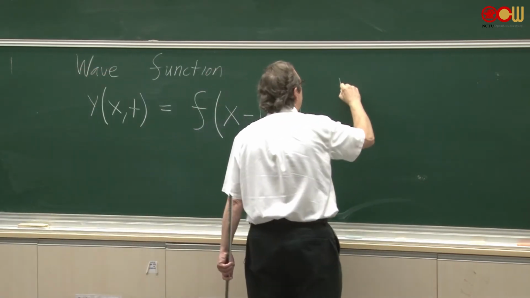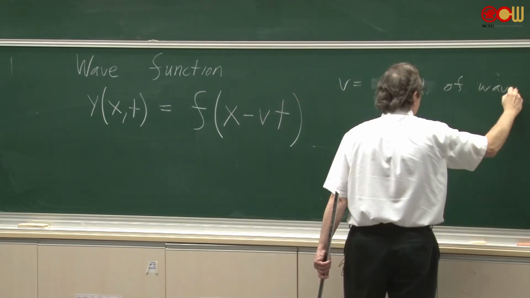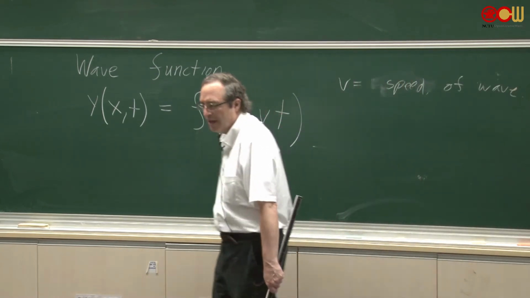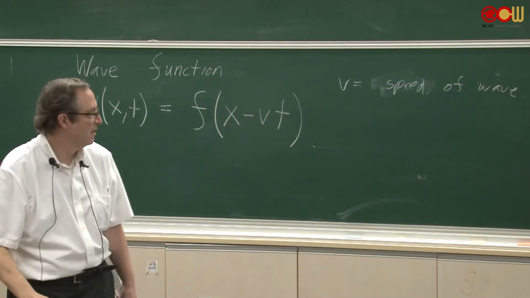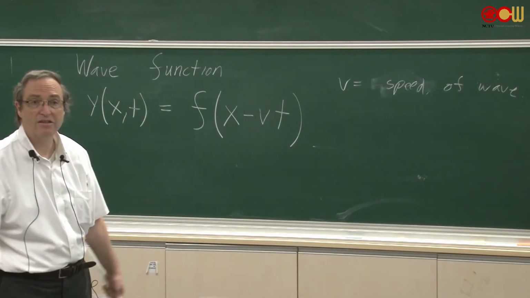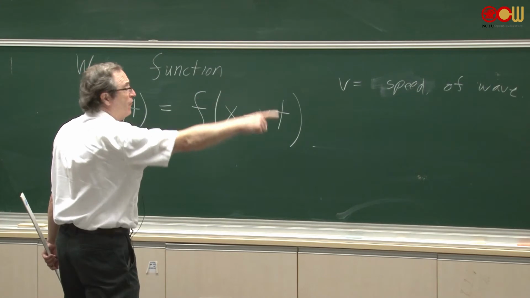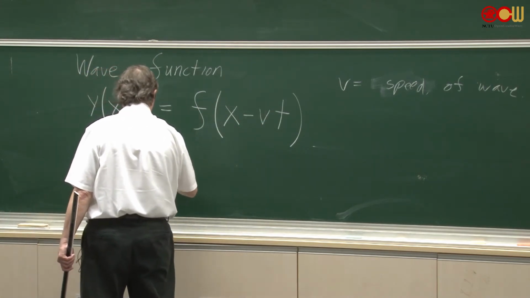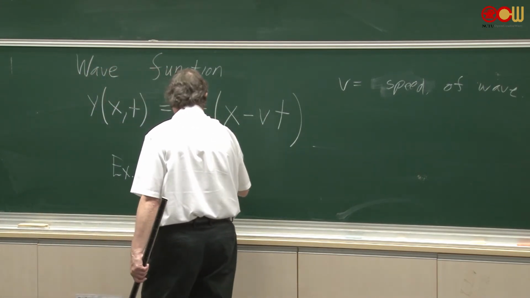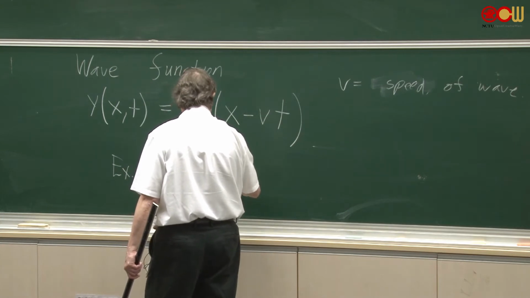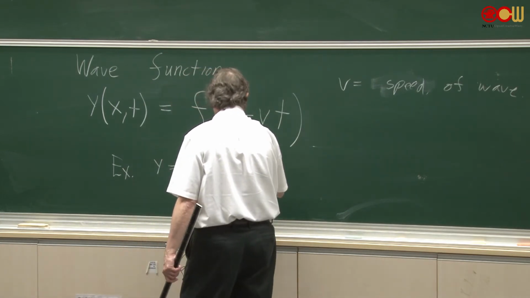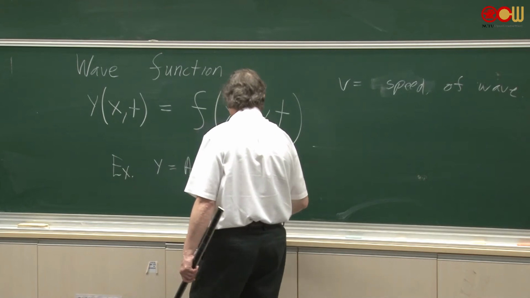All right? And v is the speed of the wave. So I'm going to let v be the speed. So any function like this. Here's an example: y equals A, let's say, sine(x minus vt). All right?